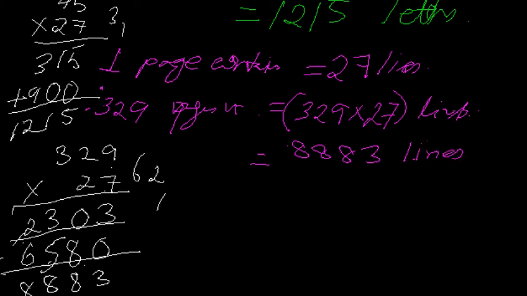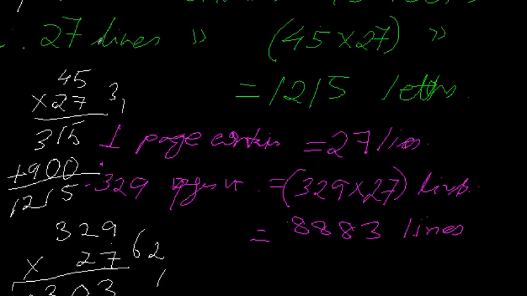Check that in the first calculation. What did we find out? We found 27 lines contain 1215 letters, and we have 8883 lines in total in that whole book. So if 27 lines contain 1215 letters, then how much will be contained in 8883 lines?